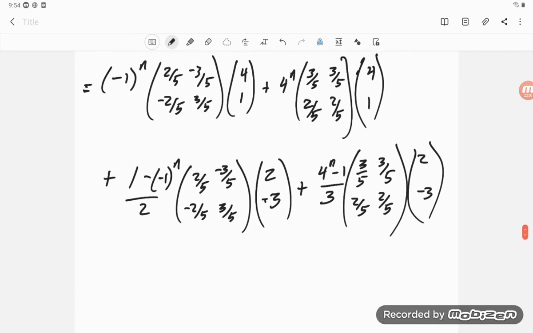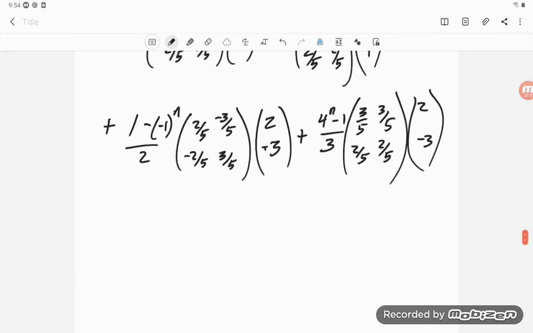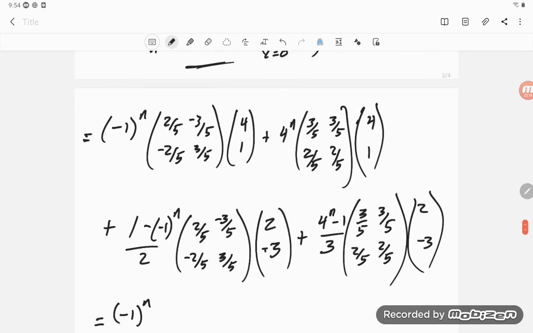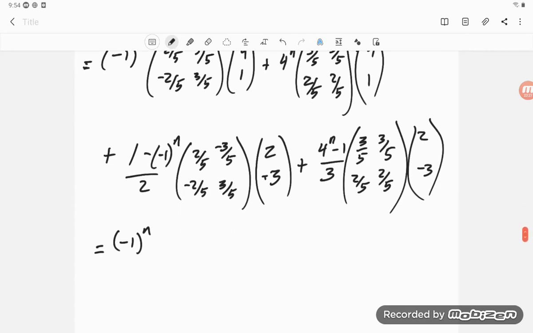Now I can simplify that a bit more. I just need to do those matrix multiplications. I have not done that yet, so at the risk of screwing them up, we have -1 to the n, and we get 8/5 minus 3/5 is 5/5. Okay, so I believe we get 1 there.